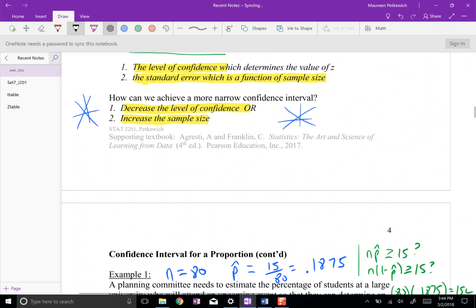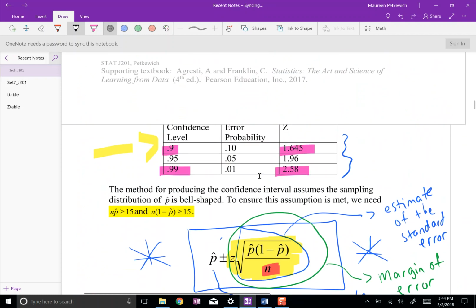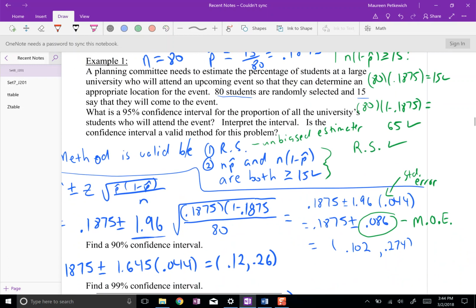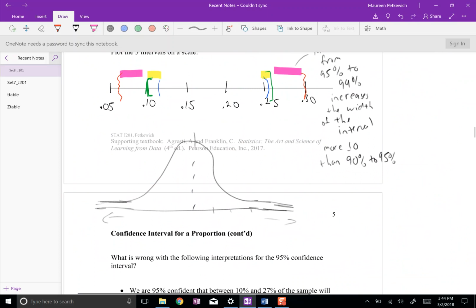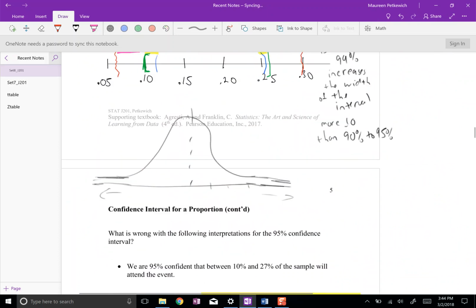You can see that even in the z-scores. 90% of the distribution is within 1.6 standard deviations of the mean. 95% is within 1.96. But to get to where we have 99% of the distribution, we have to move out even further, 2.58 standard deviations. And again, that's because these tails get so skinny out here in the extreme. So that's just a pattern to be aware of.